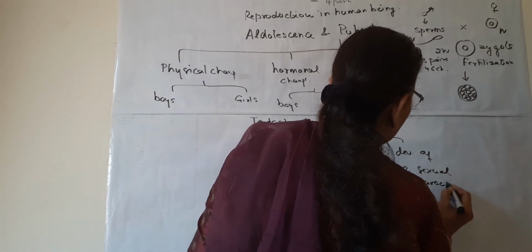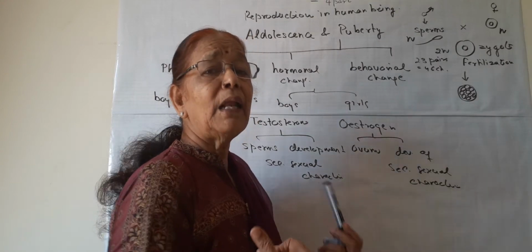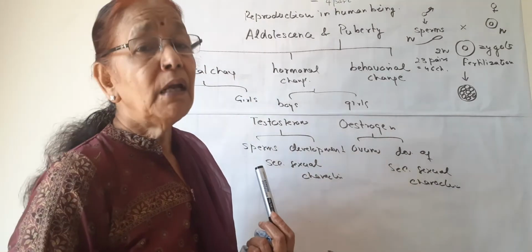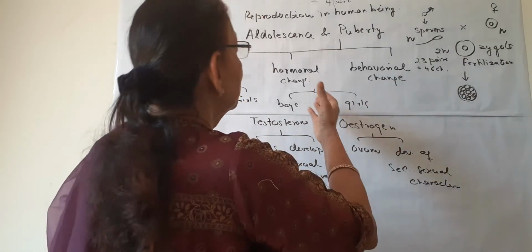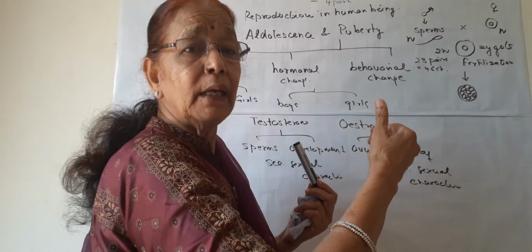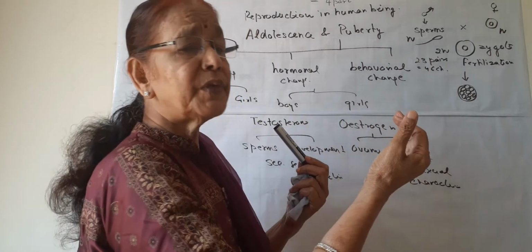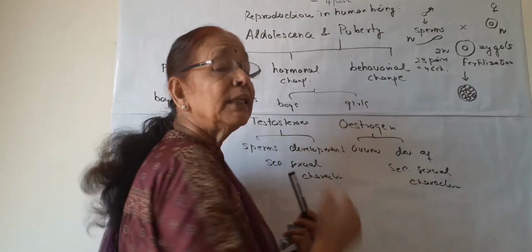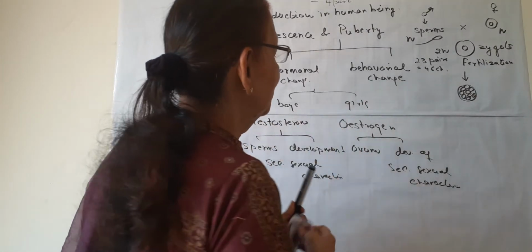These are enlargement of breasts or mammary glands, enlargement of hips, and other characters we discussed under physical changes. So these are hormonal changes, and they start at puberty with a gradual increment of secretion, and girls also, under this hormonal change, start menstruating. So this is about the hormonal change.